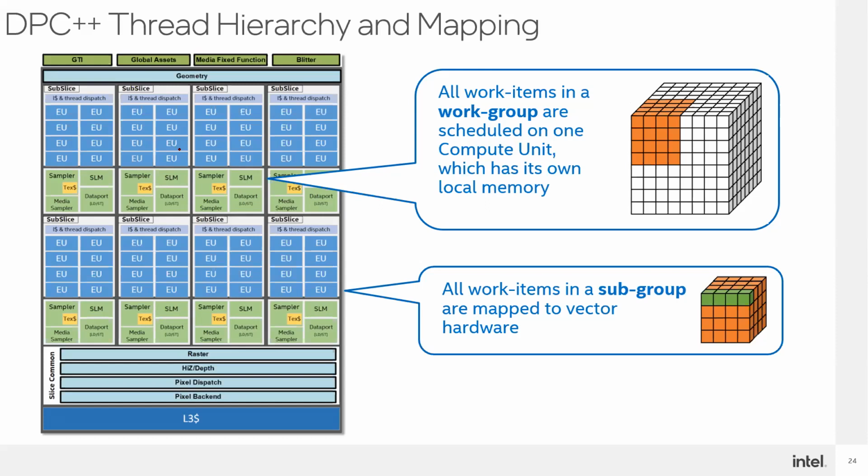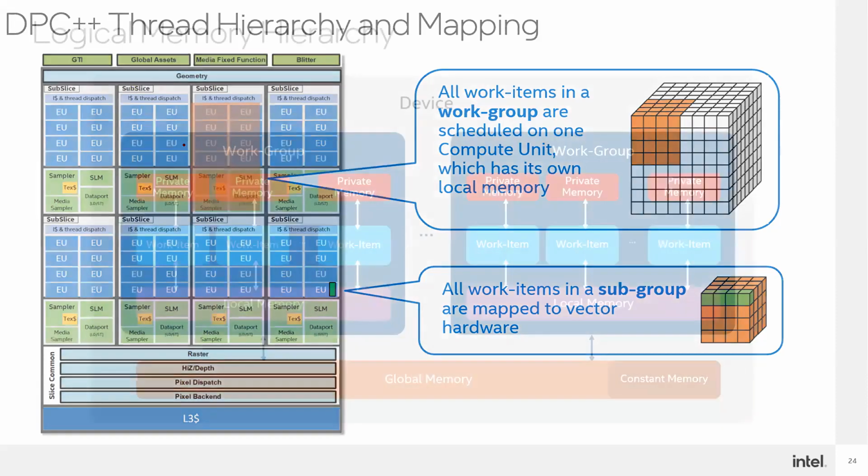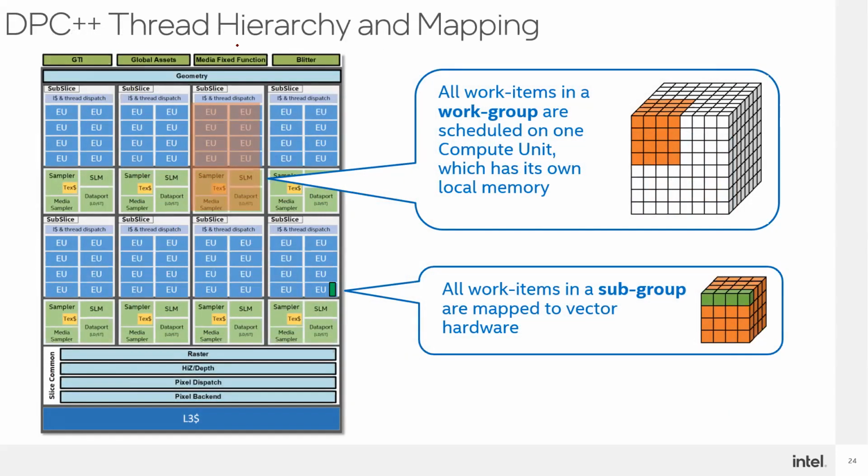The approach with ND ranges and control of workgroup sizes, the possibility to set the local sizes, gives you this option to fine-tune the code. Here you can see that all work items in the workgroup were handed to one compute unit, which is called a subslice in our architecture. And a subgroup is mapped to the vector hardware inside each execution unit.